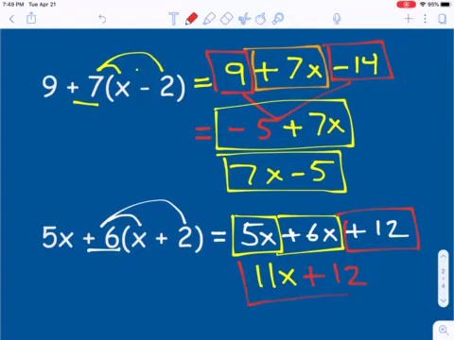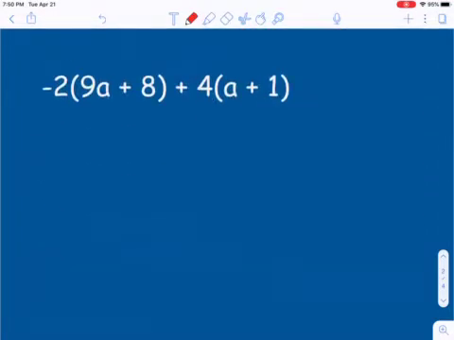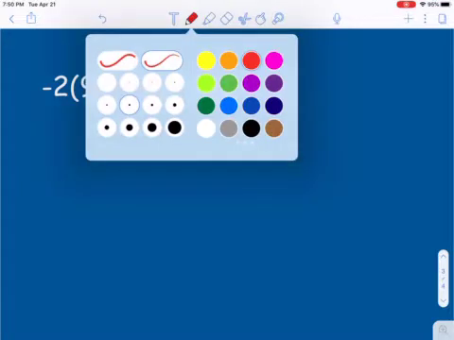So my finished answer is 11x plus 12. What you're doing on these is expanding with the distributive property, and then you are adding things that you can add. You're combining like terms, and again, like terms are only things that can be combined because they're similar to each other.